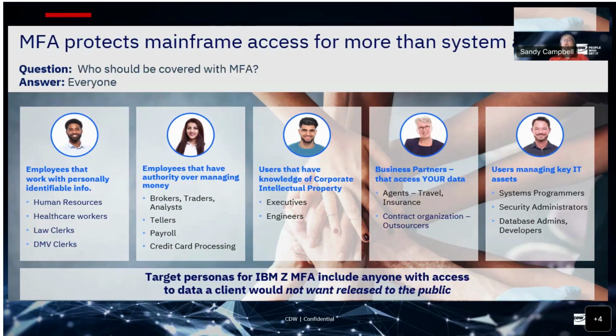You might have business partners that access your data, whether it's insurance folks or contractors outside your organization or outsourcers. And then you may have people that have knowledge of your corporate intellectual property that you also might want to lock down, like some executives. They also have very high access to all your financials, and then engineers. Again, you want to target anybody who has access to stuff that you would not want the public to see, right?